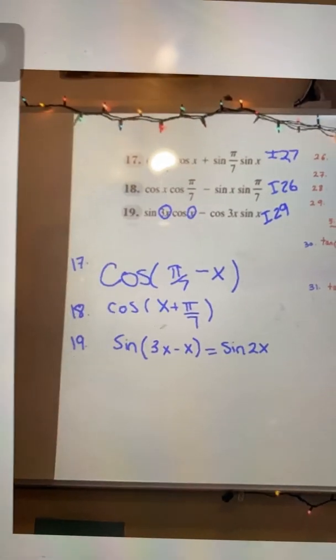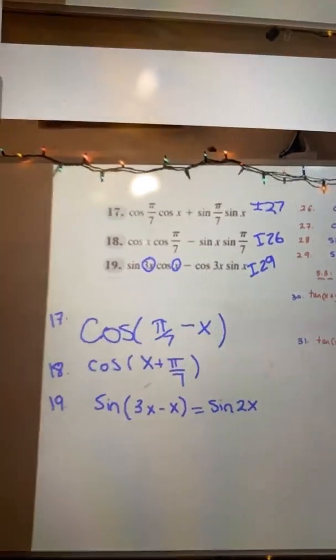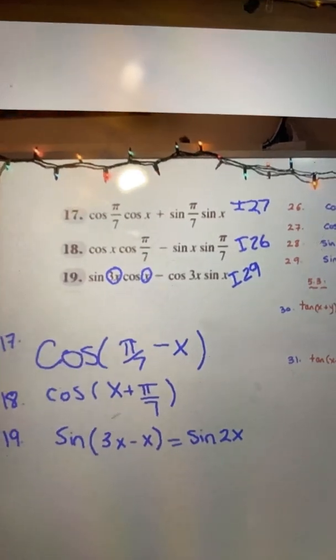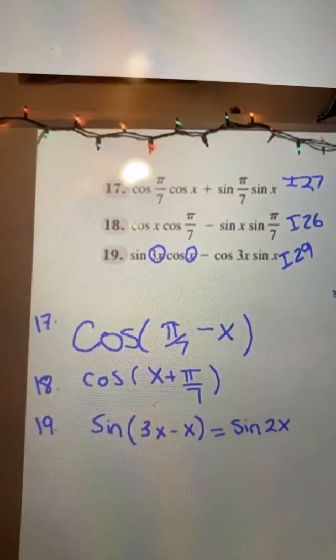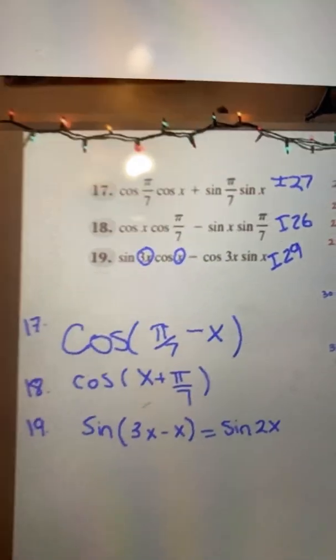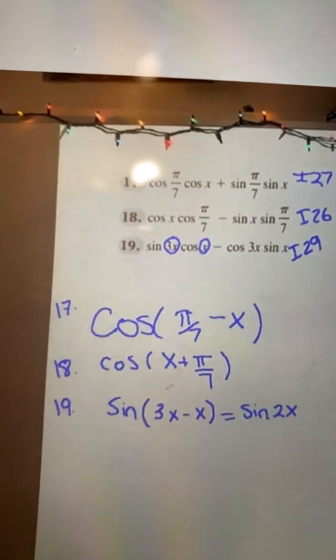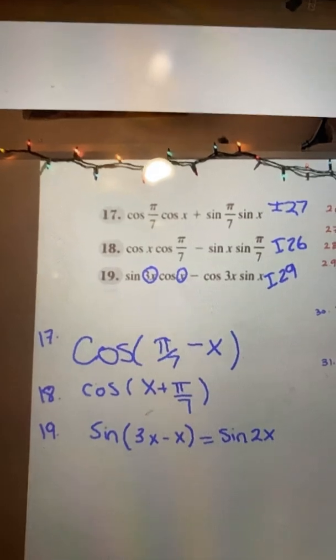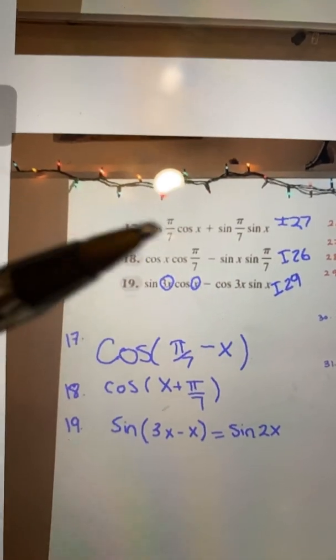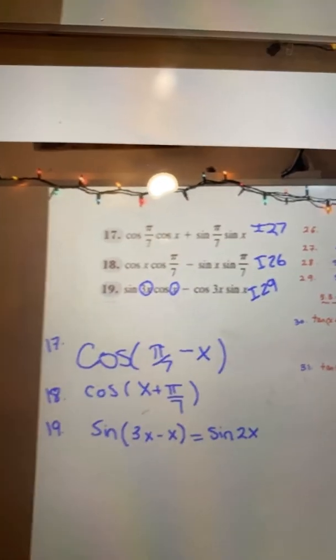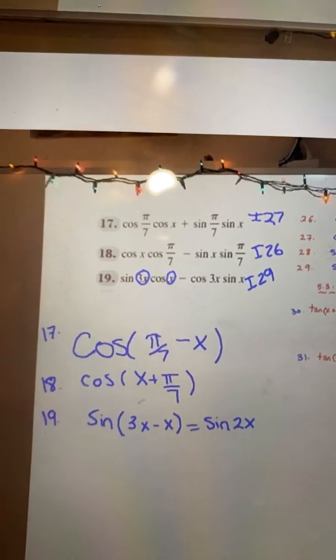Then 17 through 19. Now, it's a little bit different because both angles aren't numerical. One angle is numerical, the other one is a variable. It doesn't matter. We still apply the same thing. We see it's not mixed. It's cosine, cosine, sine, sine, which means it's cosine.